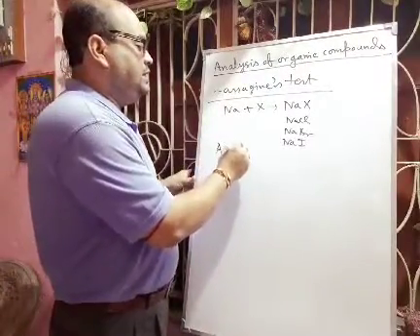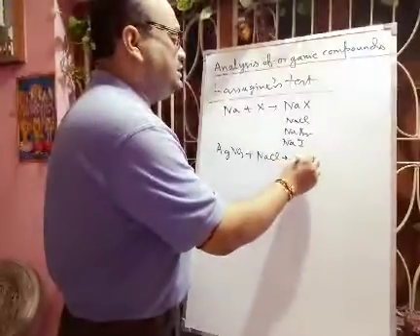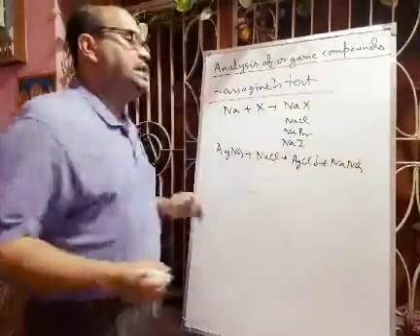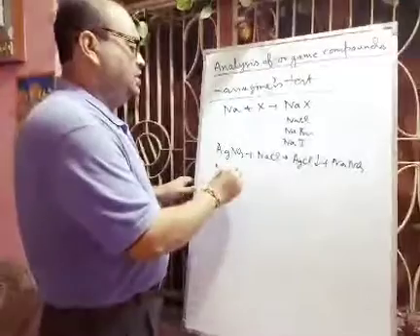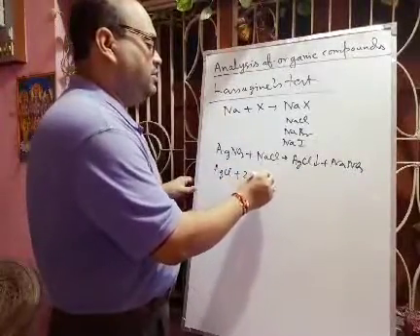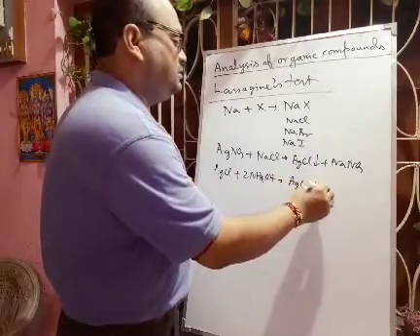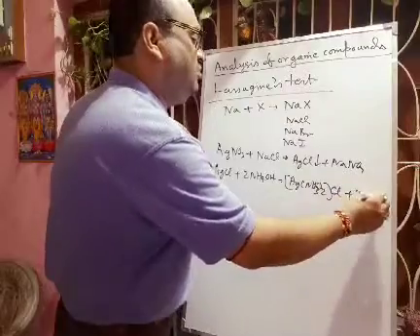Silver nitrate is reacting with NaCl, forming AgCl plus NaNO3. Now this AgCl, if you add excess ammonium hydroxide, will react with ammonium hydroxide, forming diamminesilver chloride, plus there will be formation of water.